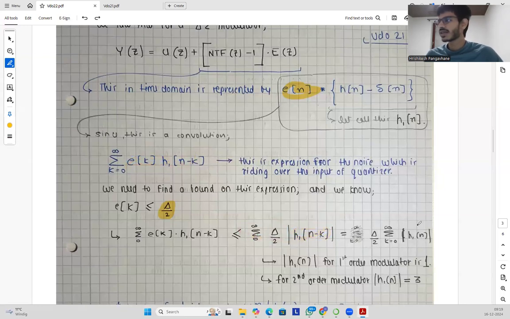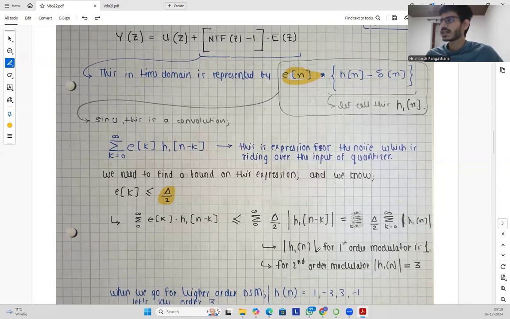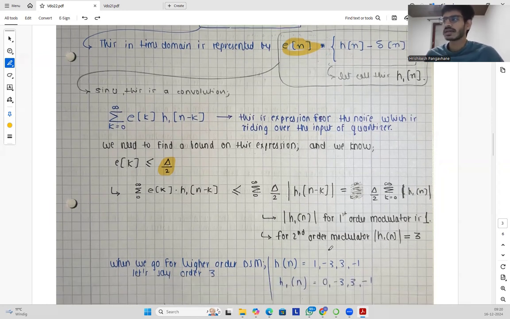And this is nothing but delta by 2 times the summation of mod of h1 of n going from 0 to infinity. Here, mod of h1 of n summed for a first order modulator is 1, and for a second order modulator, it's 3. When we go for higher order delta sigma modulators, let's say of order 3, h of n is 1, minus 3, 3 and minus 1.